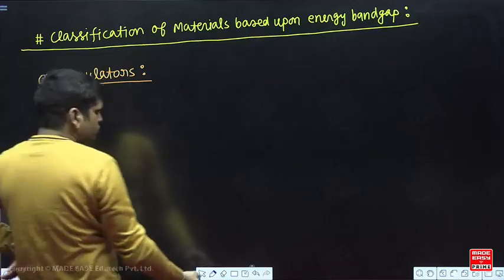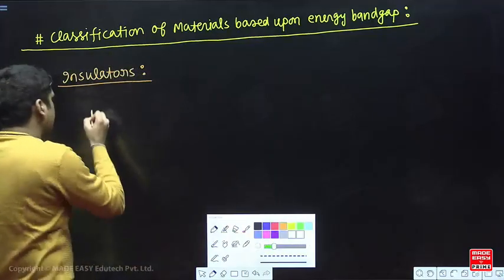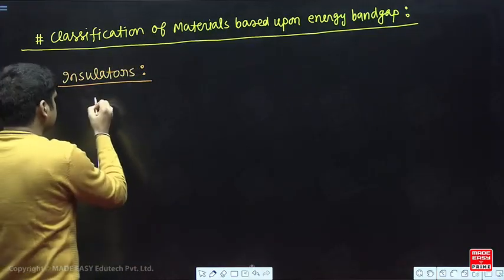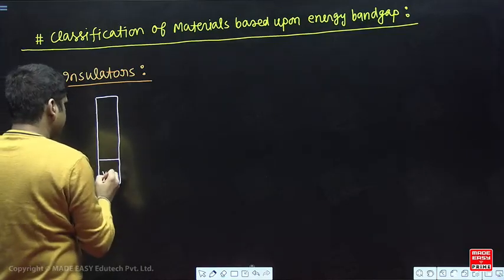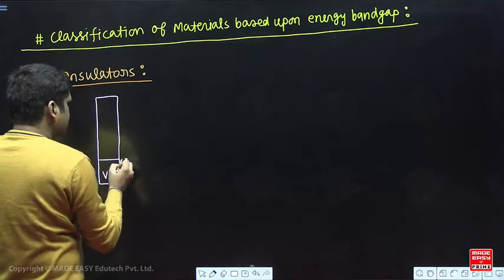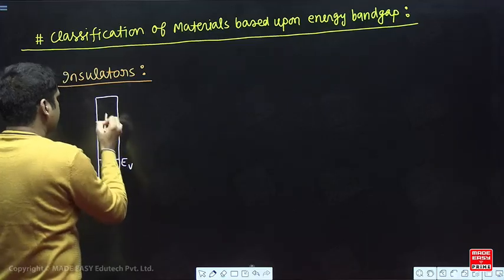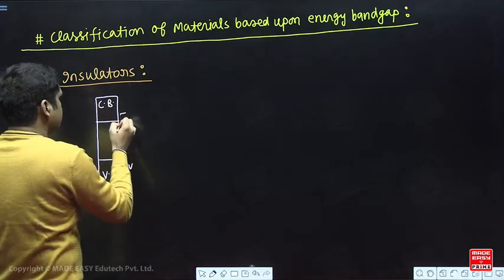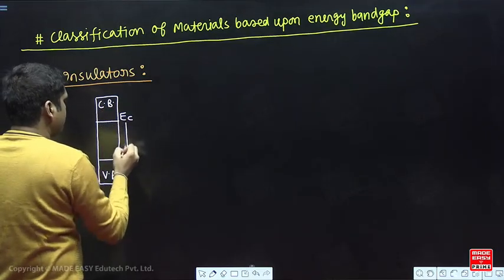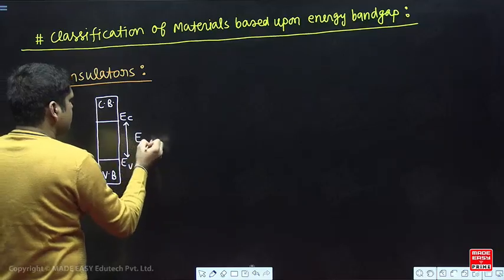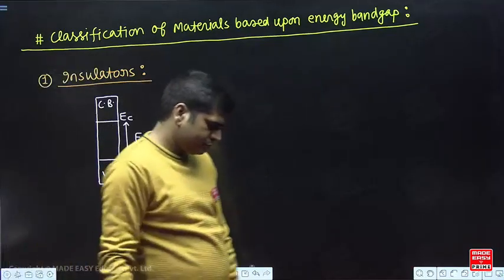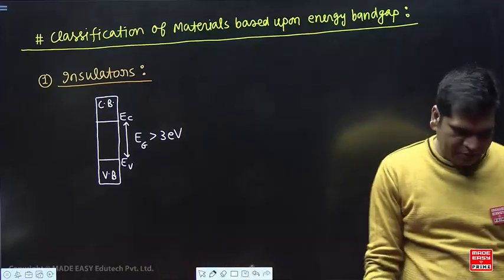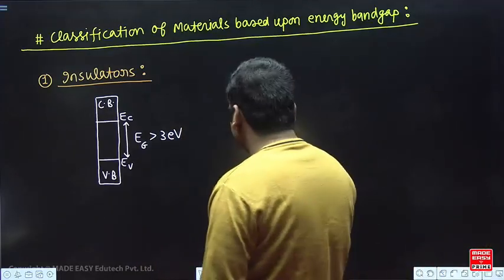These are the materials which have a very wide band gap. This is the valence band, top of the valence band EV; this is the conduction band, bottom of the conduction band is EC; this is the band gap, that is EG. EG is greater than 3 electron volt minimum. It can be more than that, 4, 5. Sometimes I write it approximately as 5 electron volt.